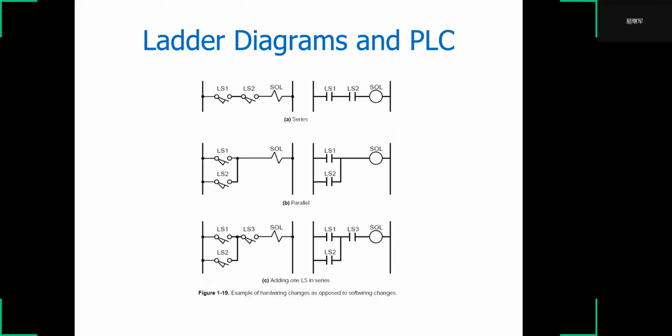This is some ladder diagram. In the comparison, the electrical diagram and the PLC ladder diagram. These are switches. This is a coil. We can compare.